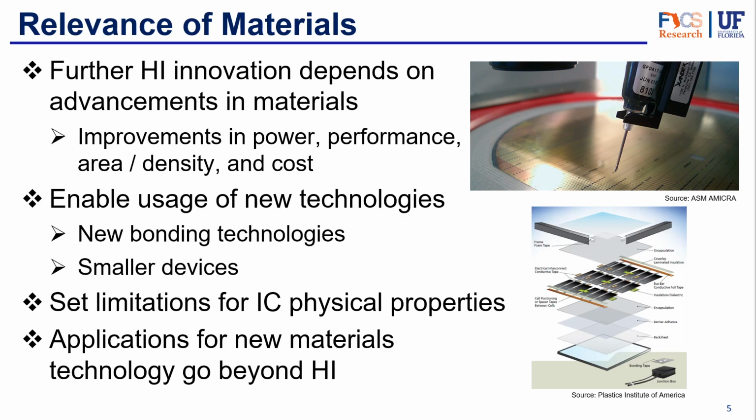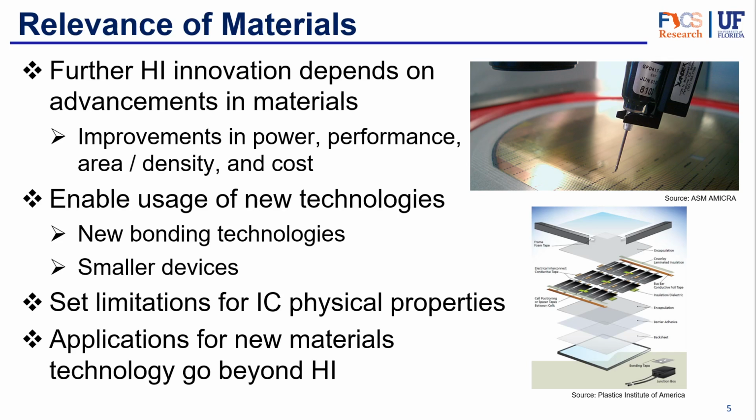And then finally, research in materials is not only applied to ICs. It's not only applied to the semiconductor industry. They can be applied to really any field in technology out there. One example that comes to mind would be solar panels. Solar panels also use some types of semiconductors, so they have a bit in common.